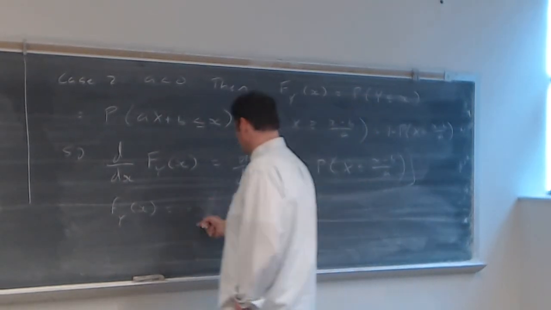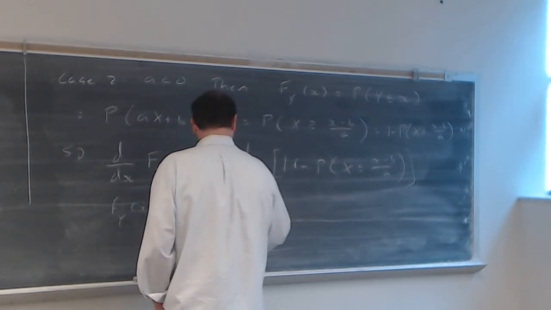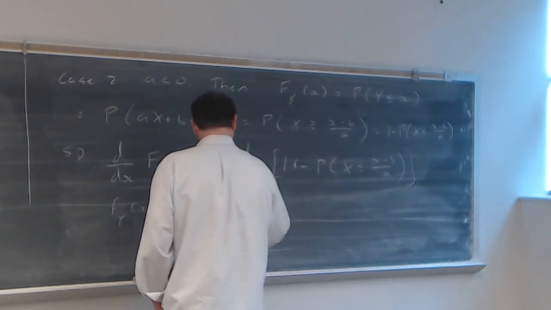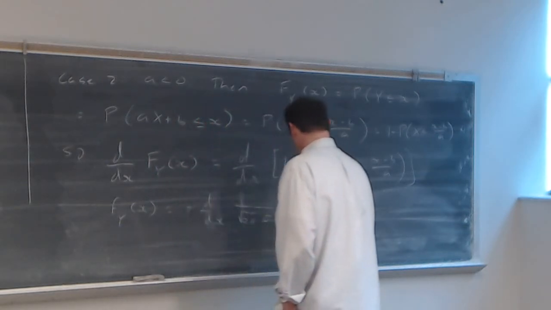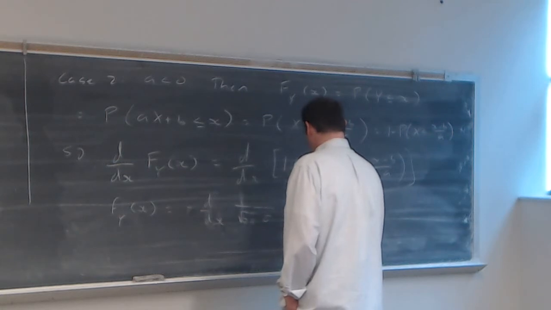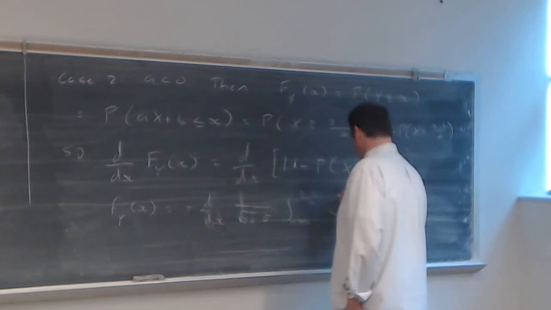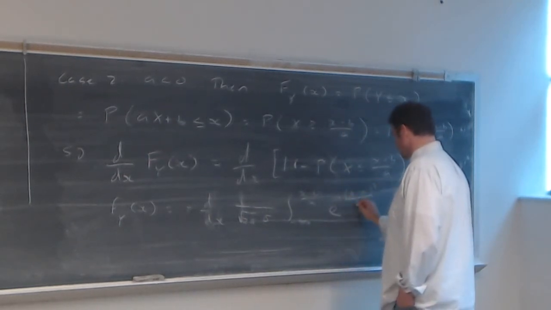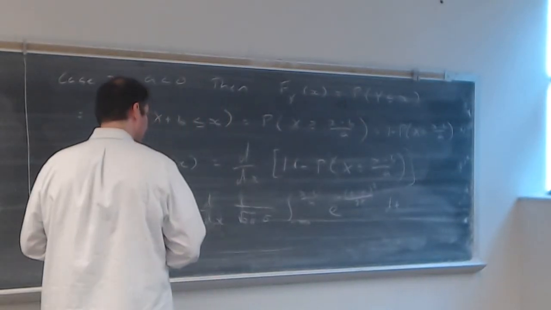Okay. So this will be minus the derivative with respect to x of, if you will, the integral, well, 1 over the square root of 2 pi sigma, integral from minus infinity to x minus b over a, e to the minus t minus mu to b squared over 2 sigma squared dt. Just like what we had before.